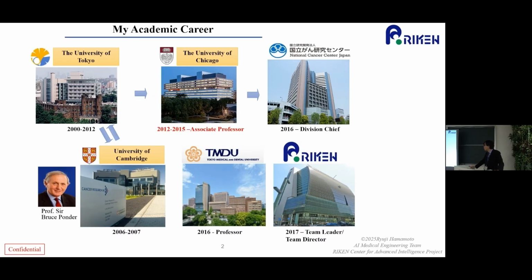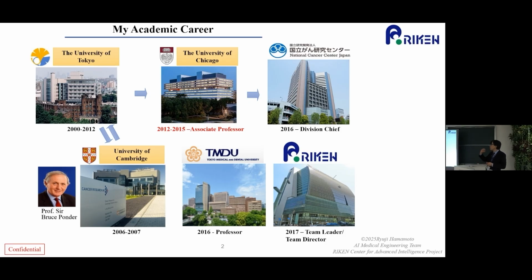Firstly, I'll briefly explain my academic career. I started cancer research in the University of Tokyo, Department of Medicine. And from 2006 to 2007, I studied genomic medicine at the University of Cambridge.